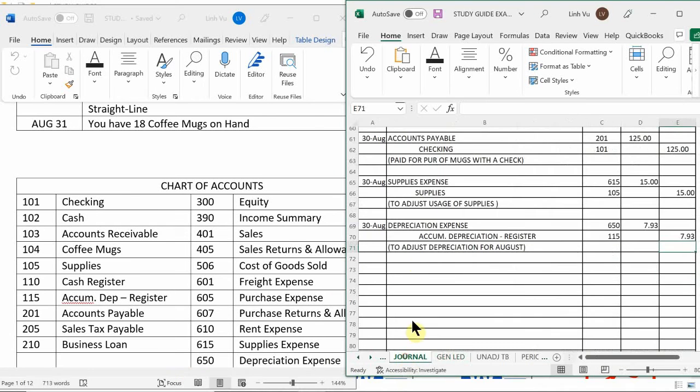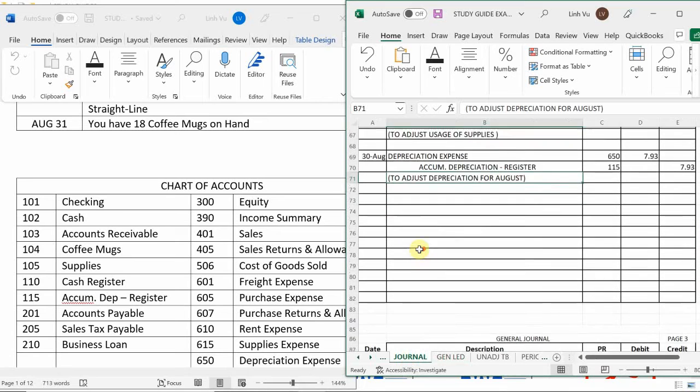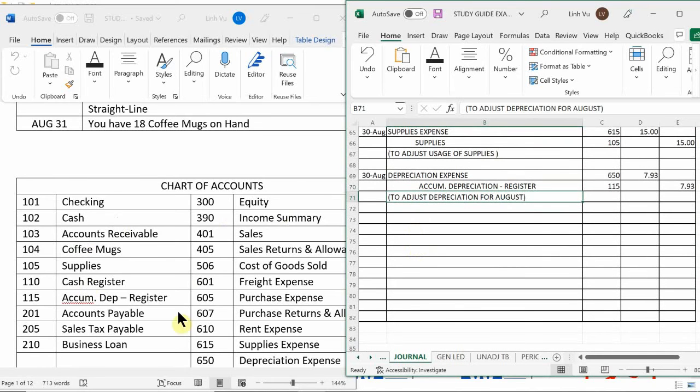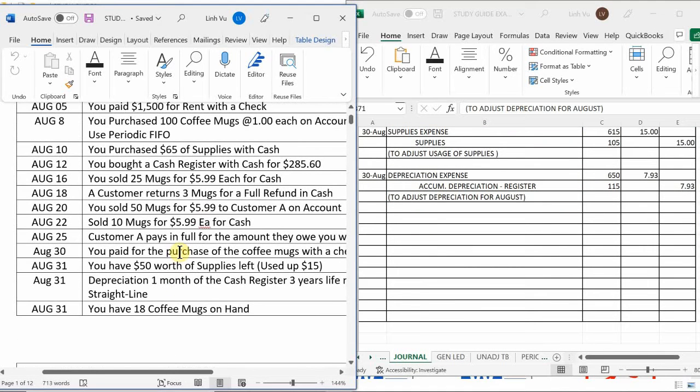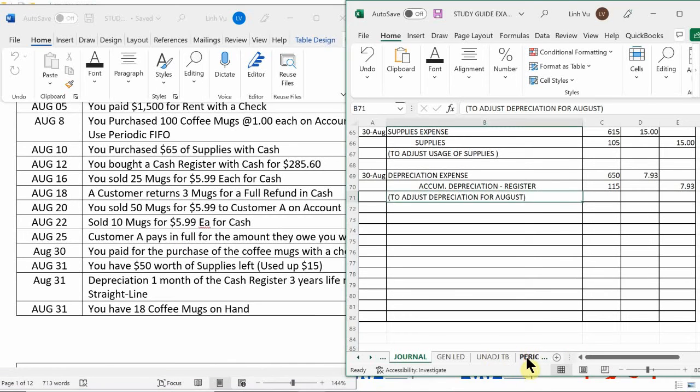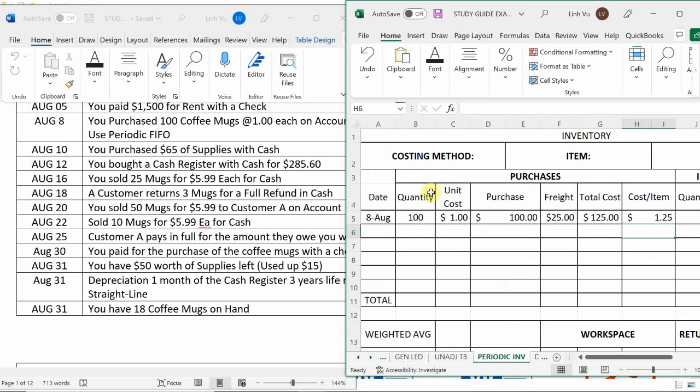All right, last journal for this page is that you were given that at the end of the accounting period, you had a total of 18 coffee mugs left on hand. So, where do you need to go? You got to go to your inventory.